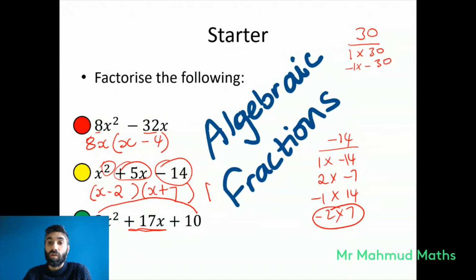There's no harm in writing these down, because sometimes when we have negatives in the sum, we'll need them. So 2 times 15 and minus 2 times minus 15. We can also have 3 times 10 and minus 3 times minus 10.